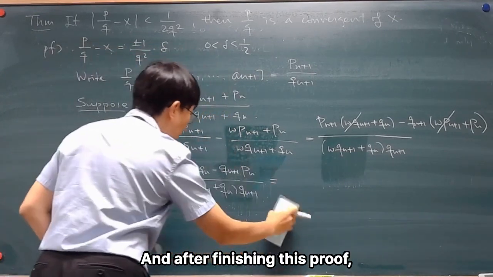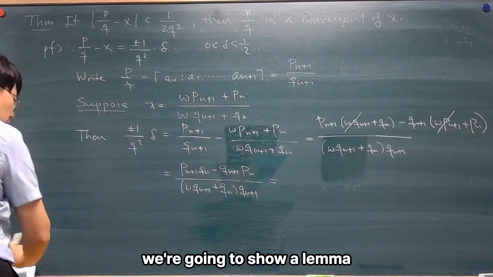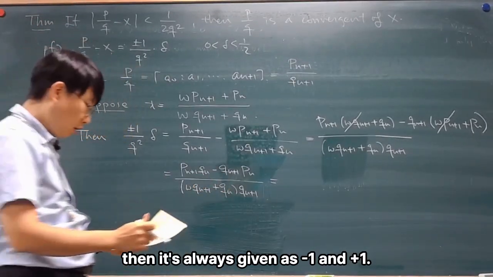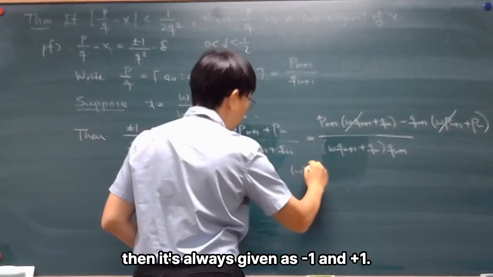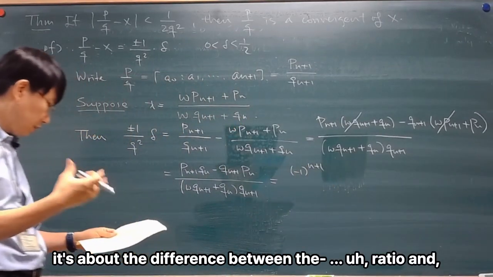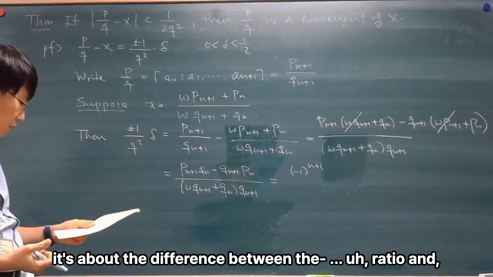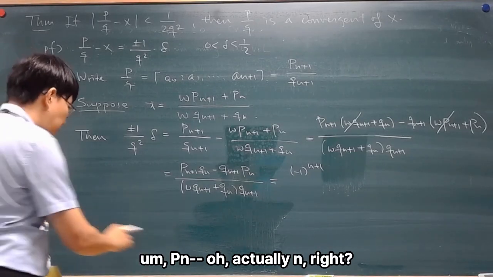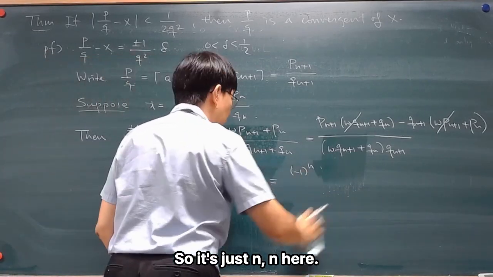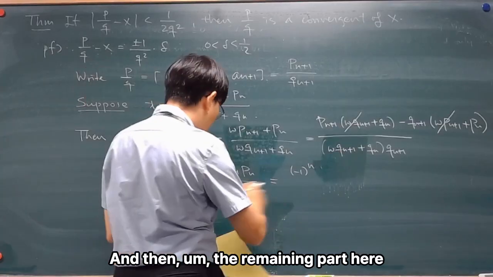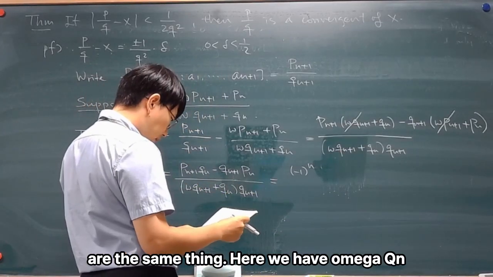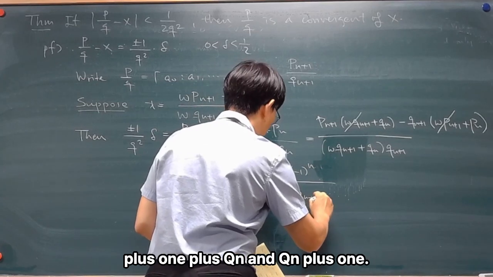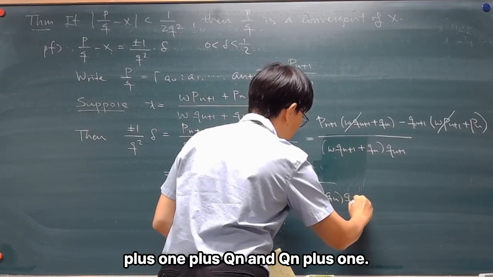And after finishing this proof, we're going to show one lemma that says if you have this thing, then it's always given as minus 1 and plus 1. So in fact, it's about the difference between the ratio and P_n, actually n, right? So it's just n here. And then the remaining part here is the same thing. Here we have omega Q_{n+1} plus Q_n and Q_{n+1}.